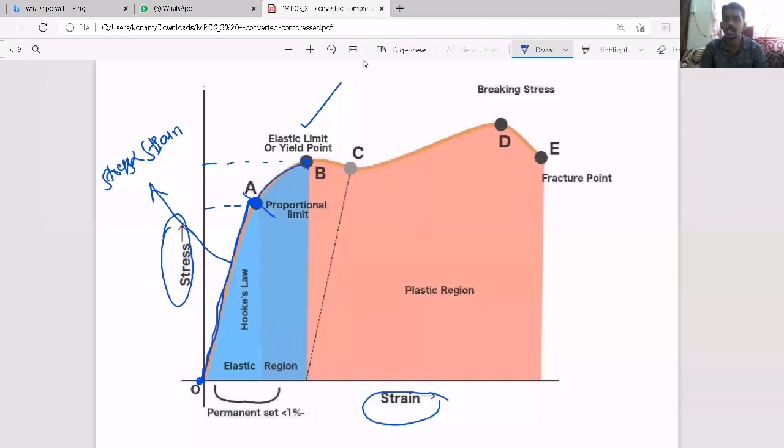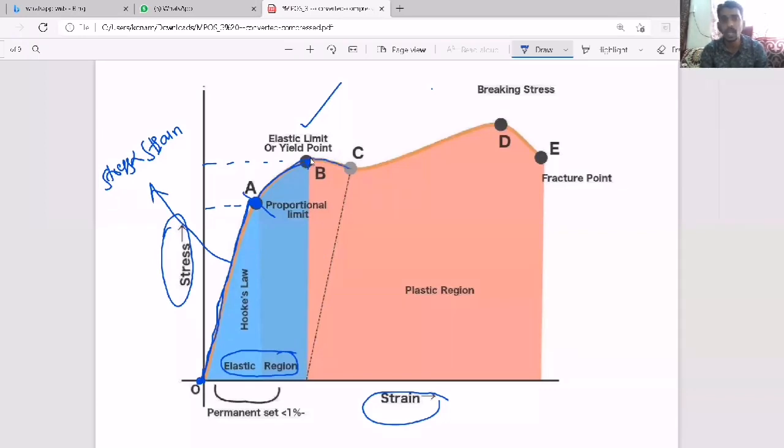So point B is called the elastic limit or yield point, and A to B is also elastic region. This complete blue color is the elastic region. Even though proportionality is lost, the body can still regain its original shape.